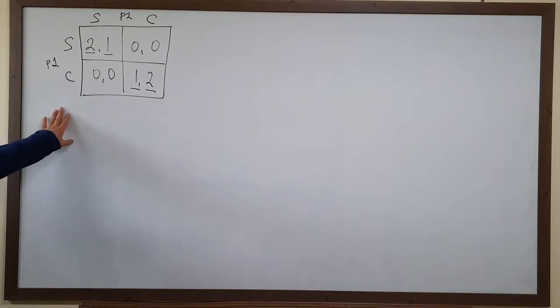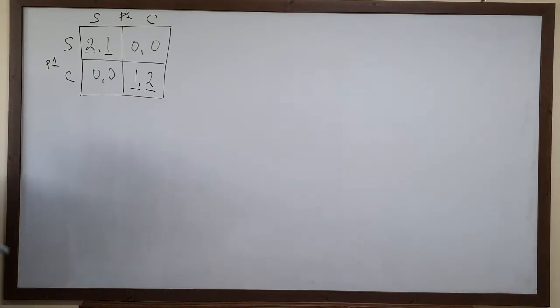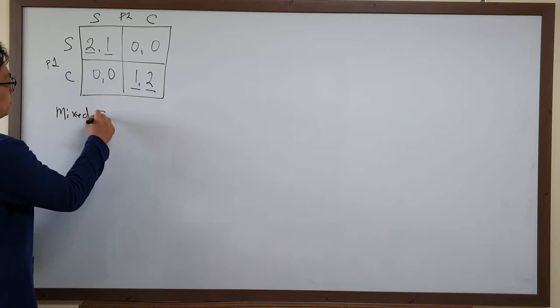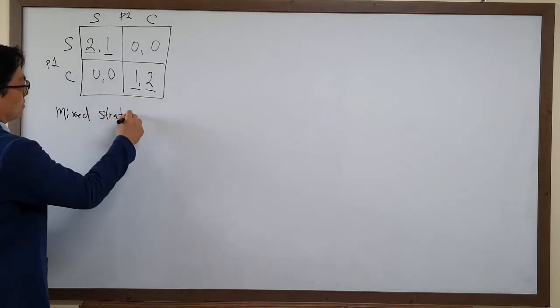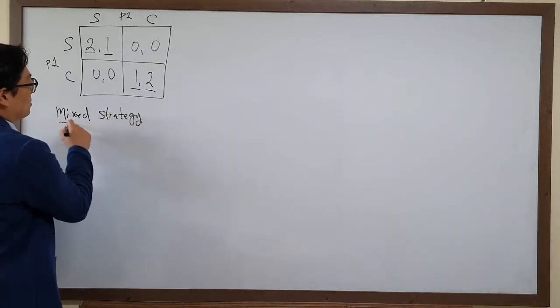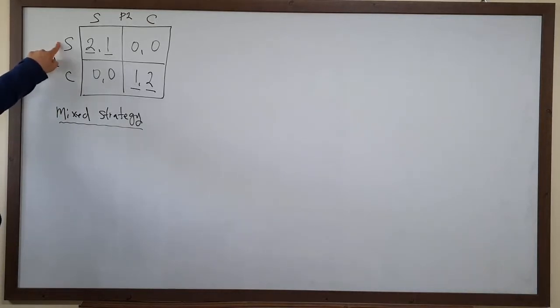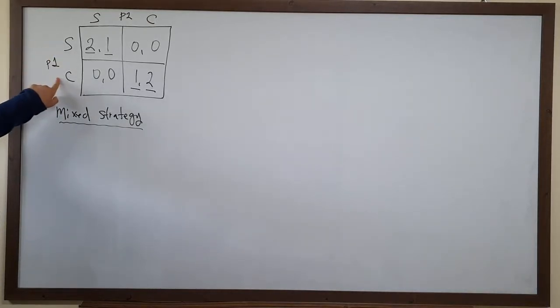The other one is to find a mixed strategy Nash equilibrium. So I'm going to explain that. Okay, what is the mixed strategy Nash equilibrium? A mixed strategy is that, for example, player 1 is mixing going to Starbucks and going to Coffee Bean.